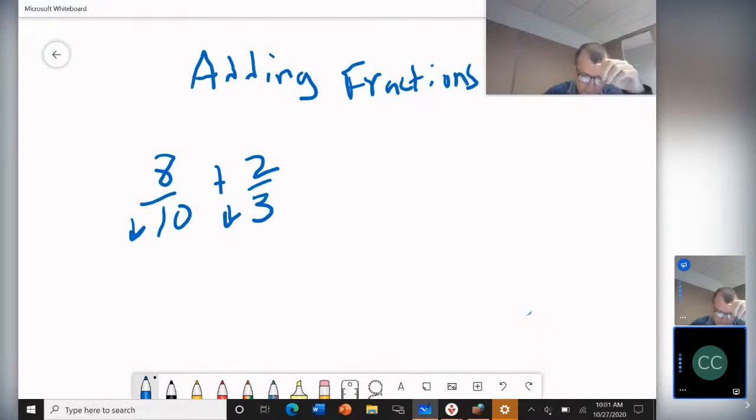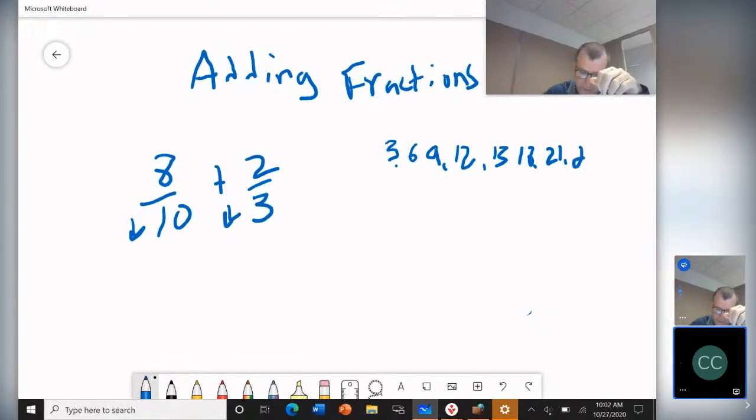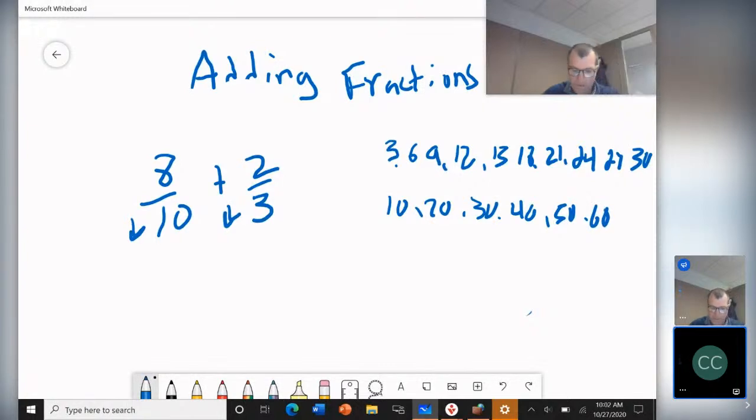For 3: 3, 6, 9, 12, 15, 18, 21, 24, 27, and 30. For 10: 10, 20, 30, 40, 50, 60. We see 30 and 30, so 30 is the least common multiple of 10 and 3.